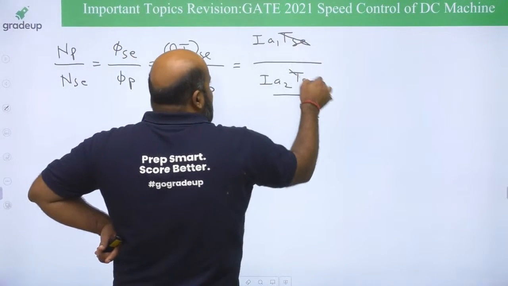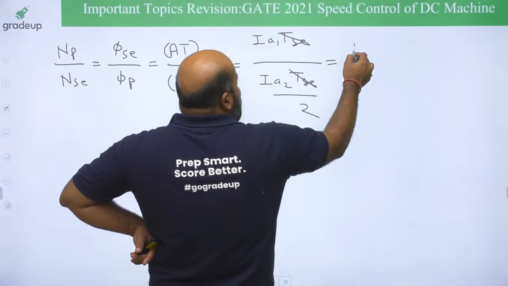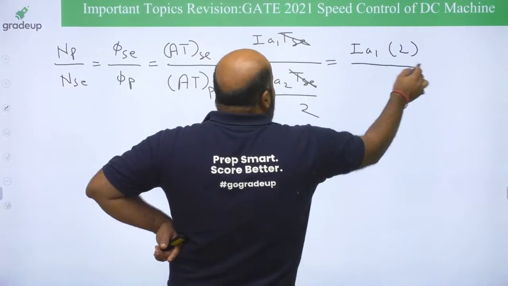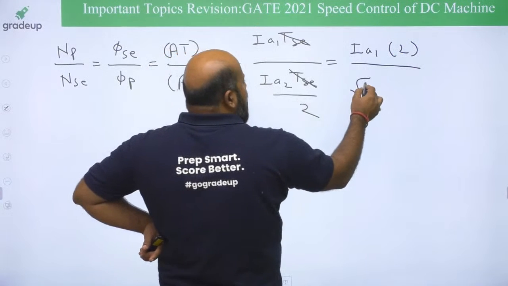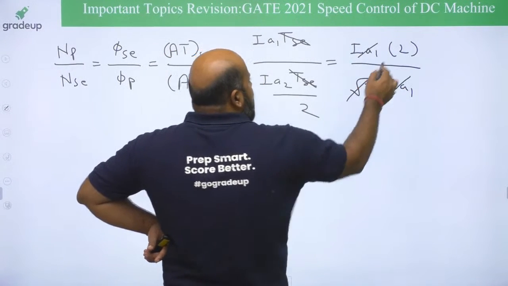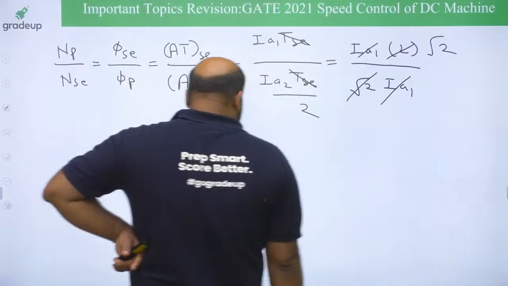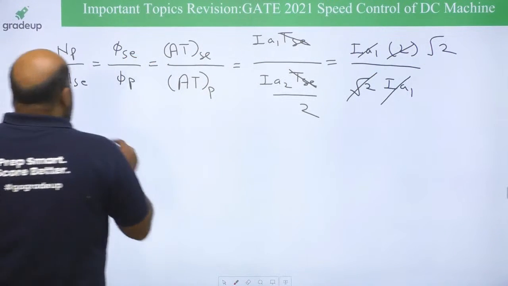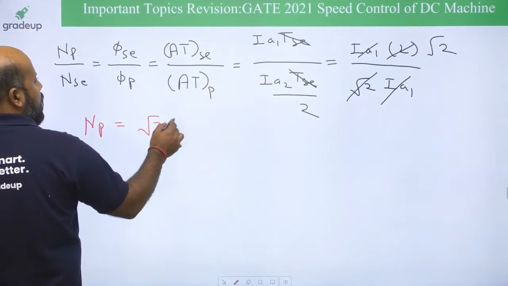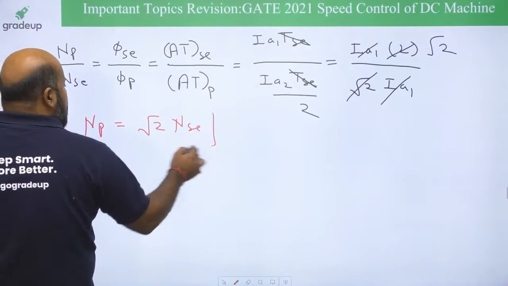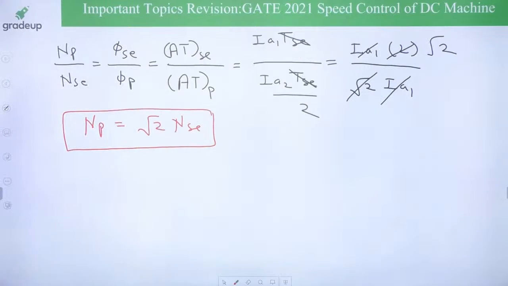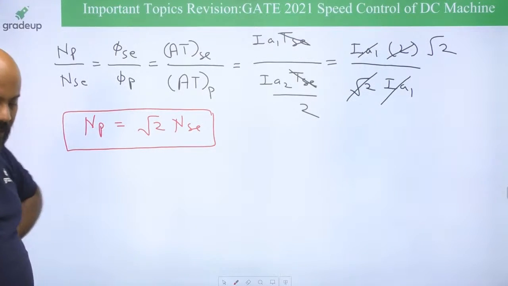Now T_SE again cancel, and you know that I_A1, this 2 will go upside, and I_A2 you can write as root 2 I_A1. I_A1 cancelled, you will be getting root 2. It means for the parallel combination, the speed you are getting is N_SE, or series combination speed, multiplied by root 2 times.